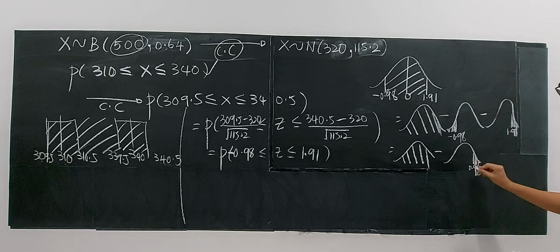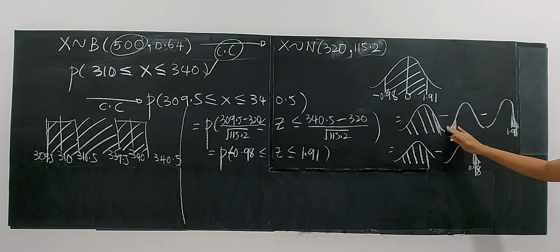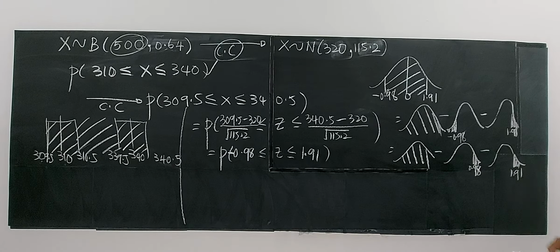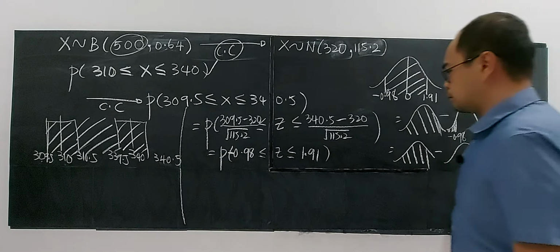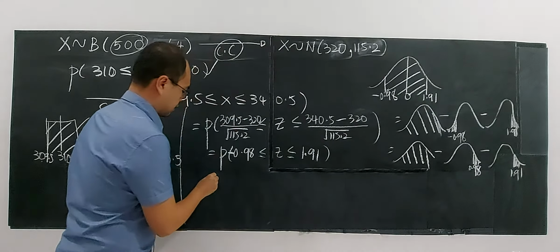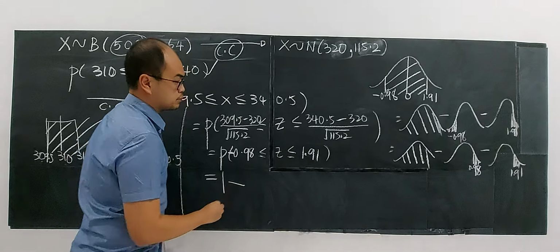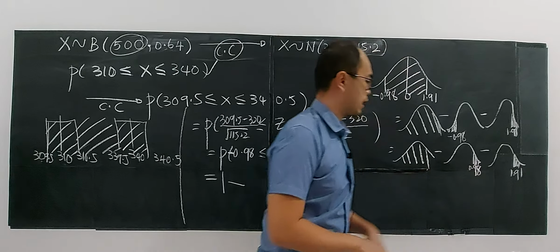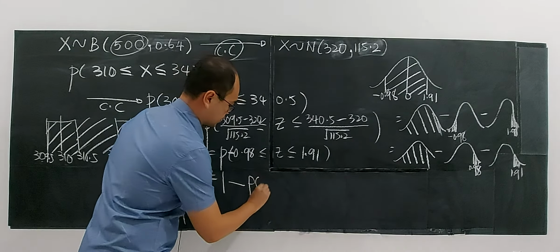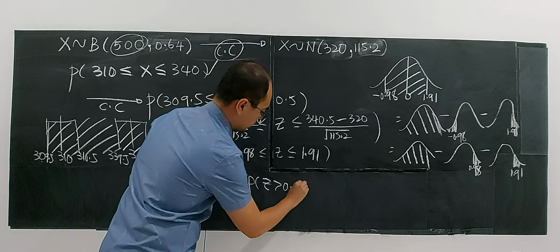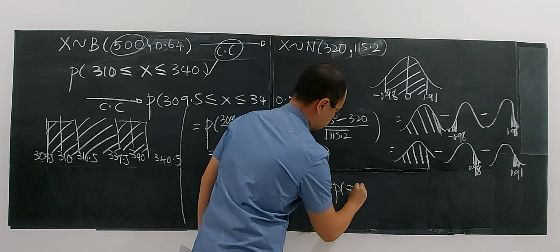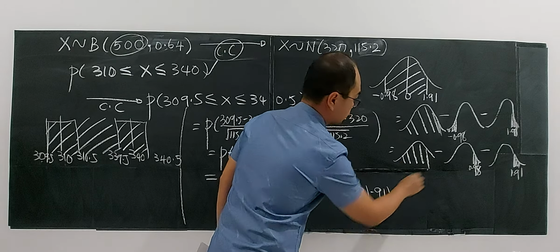I change it from the left tail to the right tail, then minus 1.91. So in my mind, it is 1 minus P(Z greater than 0.98) minus P(Z greater than 1.91).